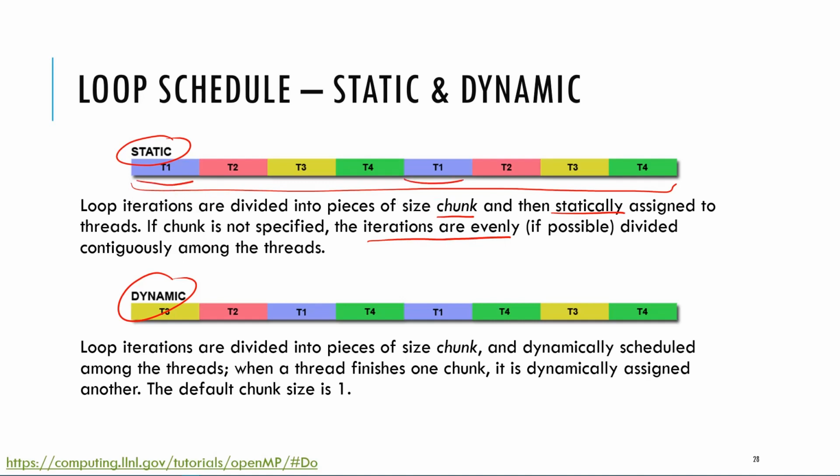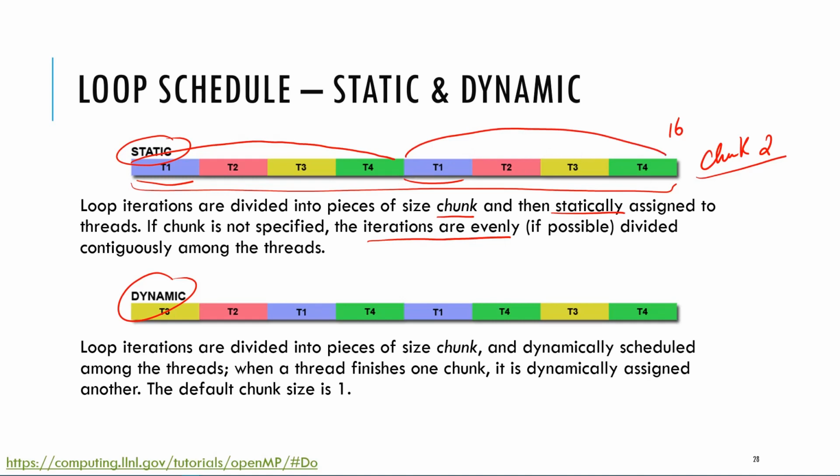Suppose this total is equal to 16, and here you have defined the chunk to be equal to 2. Forcing the chunk to be equal to 2 has assigned the first chunks of 2 iterations to every thread, and then another chunk should be assigned to those threads.